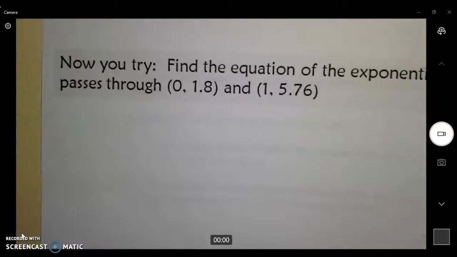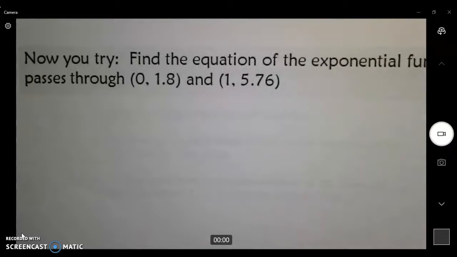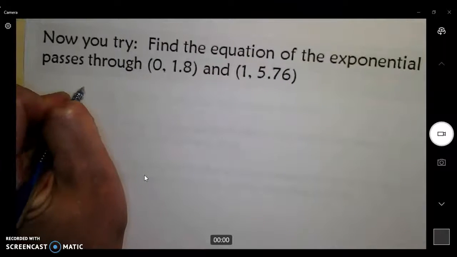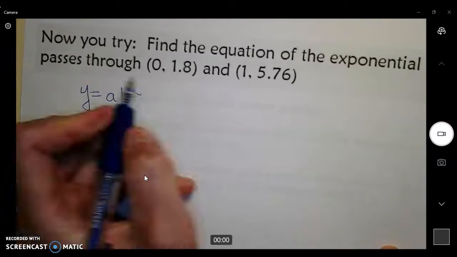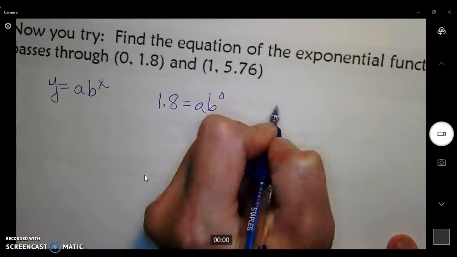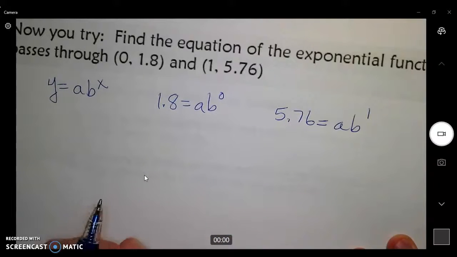Here's one for you to try. Find the equation of an exponential function that passes through 0 and 1.8 and 1 and 5.76. If I were you, I would pause me and then come back to see how I did it. So here we go. Hopefully you have the problem completed. 1.8 equals ab to the 0. 5.76 equals ab to the first.